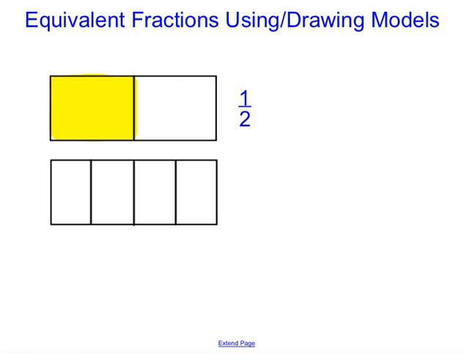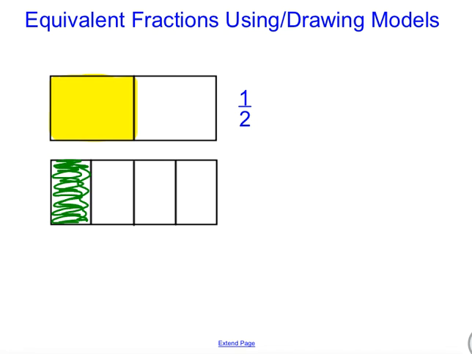So I notice that this rectangle is cut into 4 equal parts. And now I need to shade the same amount on my rectangle that is in fourths. So I'm just going to pick up a pen and quickly shade in 1 out of the 4.